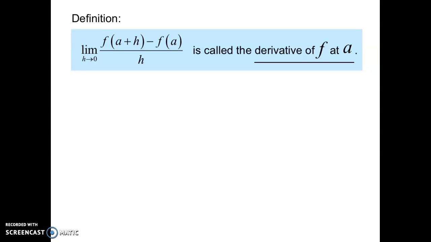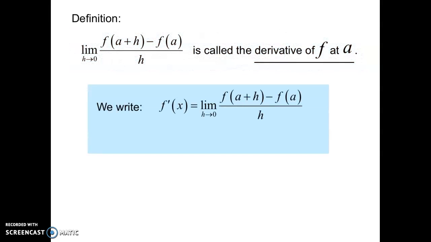This is called the limit definition of the derivative. The limit as h approaches 0 of f of a plus h minus f of a over h is called the derivative of the function f at the point a. It's called the derivative at a point.